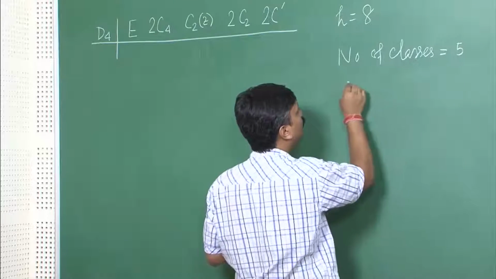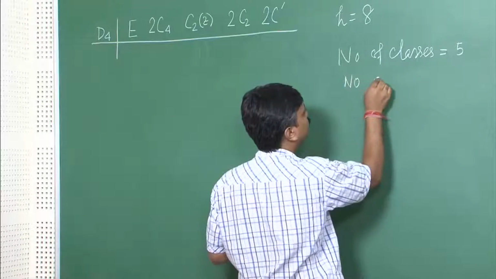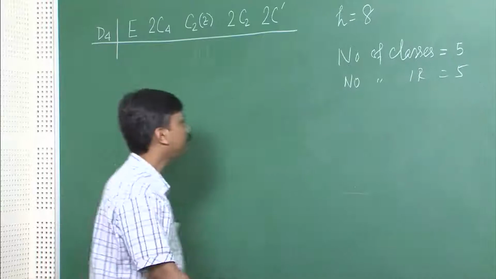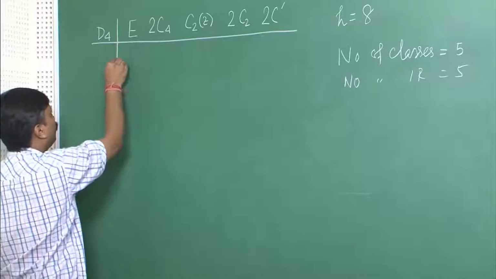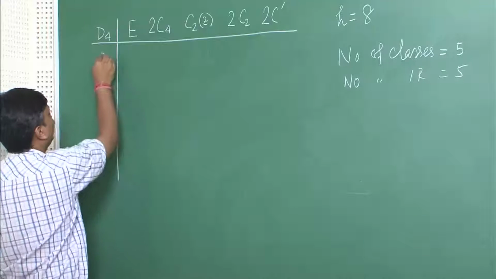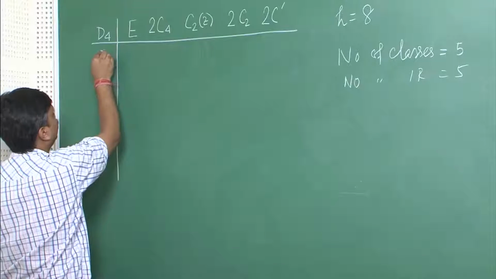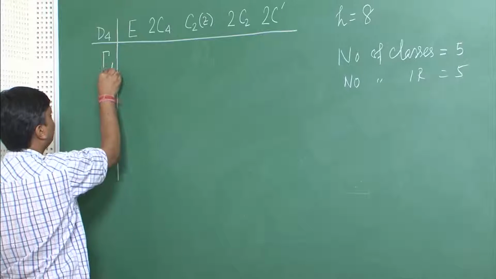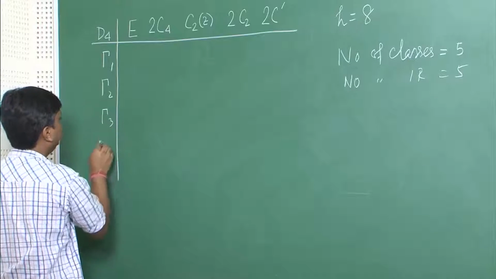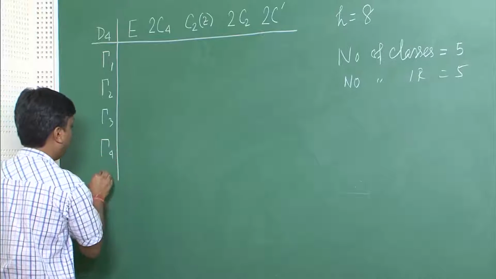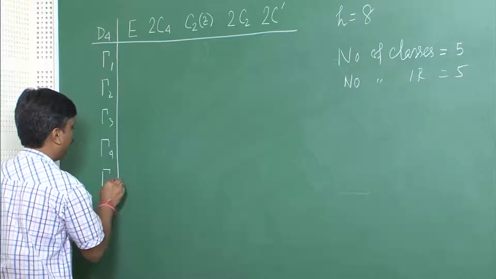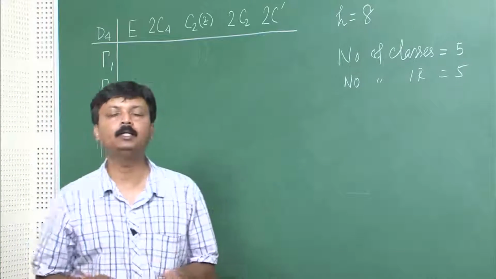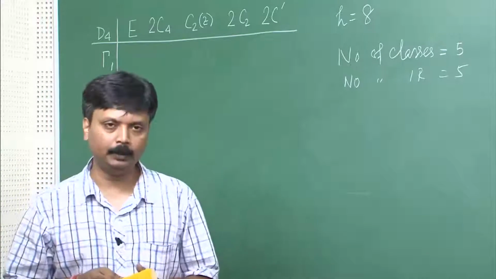Therefore, the number of irreducible representations is also 5. So I can write there will be gamma 1, gamma 2, gamma 3, gamma 4 and gamma 5. So far we do not have any idea what is the nature of the irreducible representations.